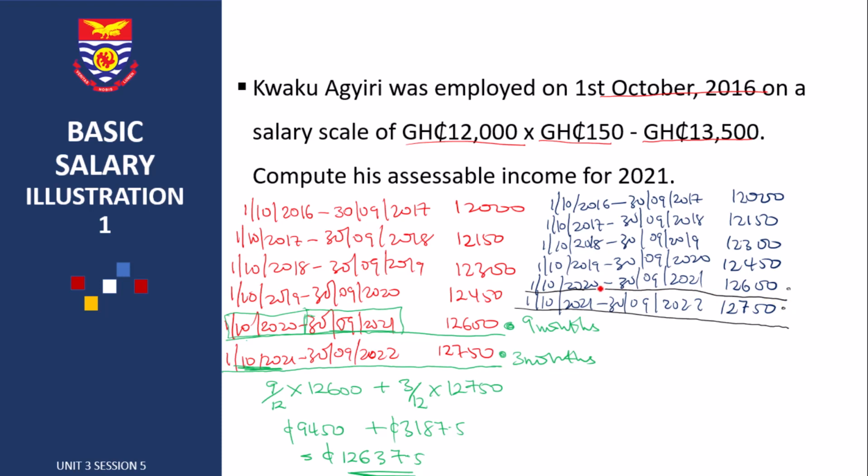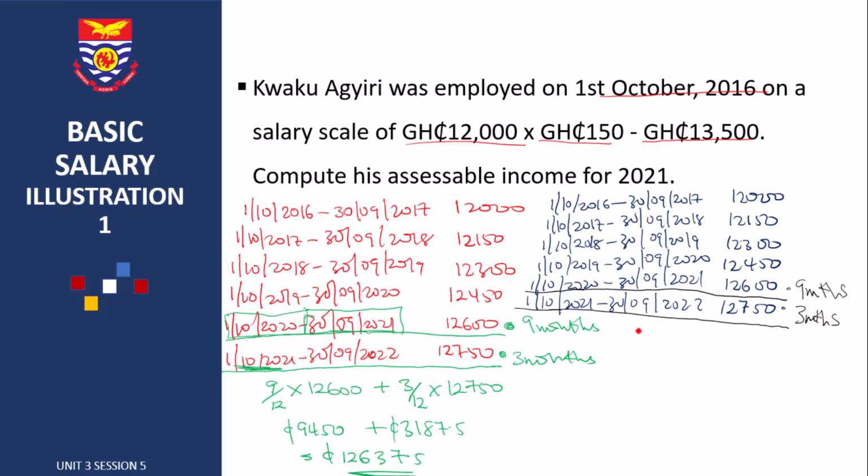So from 1st October 2020 to 30th September 2021, we have 9 months of 2021 in there. And then from 1st October 2021 to 30th September 2022, we have 3 months of 2021 there.